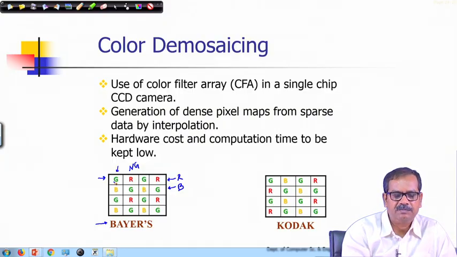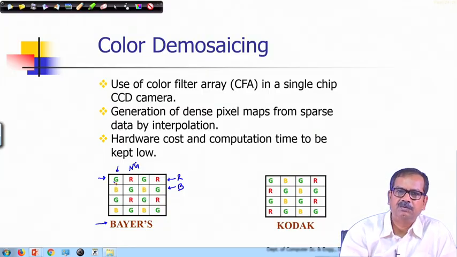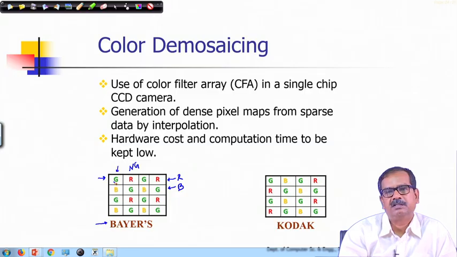So, in the color demosaicing problem, the pattern remains fixed. You already know that given a color filter array, for every pixel I know which spectral component it is, whether it is green, red or blue. By following this pattern, if I tell you one particular pixel, the spectral components of the rest of the pixels can be determined.